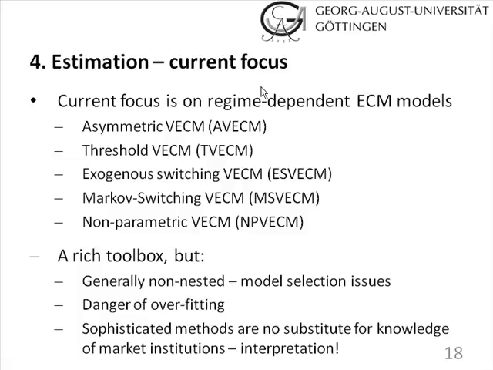Because each of these models that we have here, even if they're all related, has its own very distinct interpretation. And the sorts of stories that you can tell, or interpretations of how markets are functioning, for each type of model are very different. And at the end of the day, it's not just a question about whether your results are statistically significant, it's also a question of whether they're economically plausible and relevant. Okay? And that's what you have to sit down and do then.